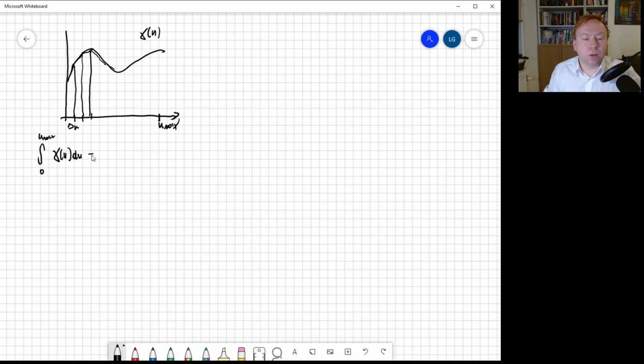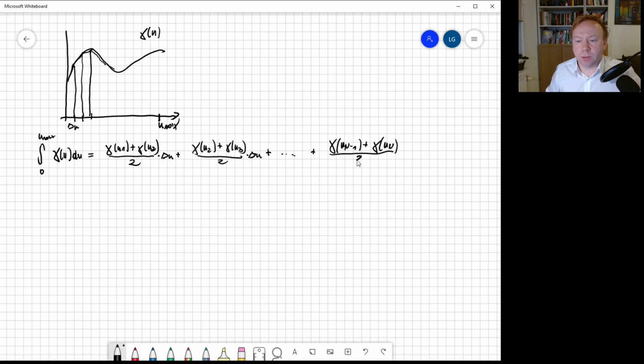du is equal to, first term, gamma of u1 plus gamma of u2 over 2 times delta u, plus gamma of u2 plus gamma of u3 over 2 times delta u, plus, and of course the last term will be gamma of u n minus 1 plus gamma of u n divided by 2, and then we have a delta u.